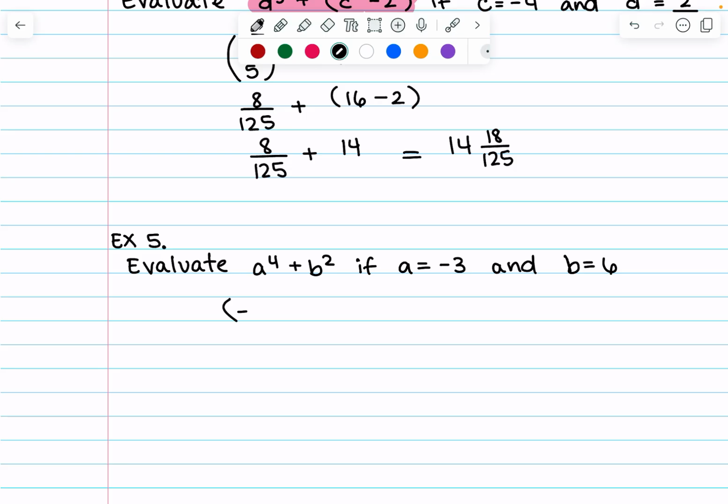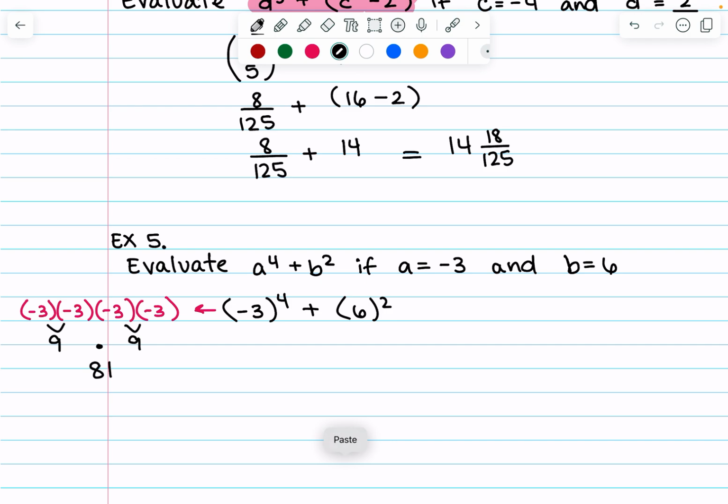So we're going to go ahead and substitute -3 in for a plus, and we're going to substitute 6 in for b. Okay, if you're unsure of how to do this part right here, it is saying -3 times -3 times -3 times -3. -3 times -3 is 9. -3 times -3 is 9. 9 times 9 is 81.